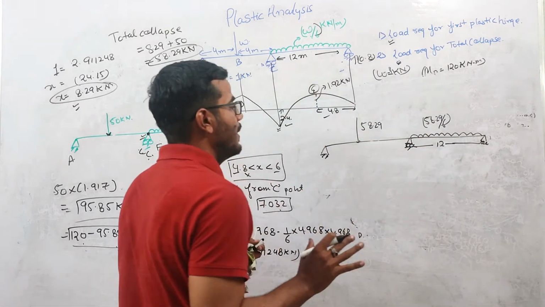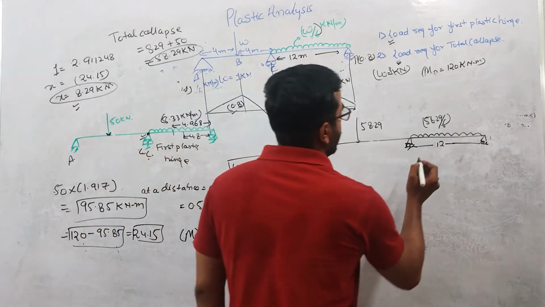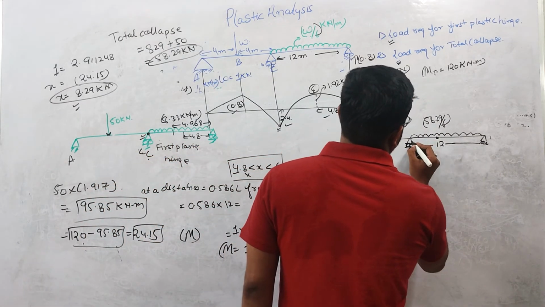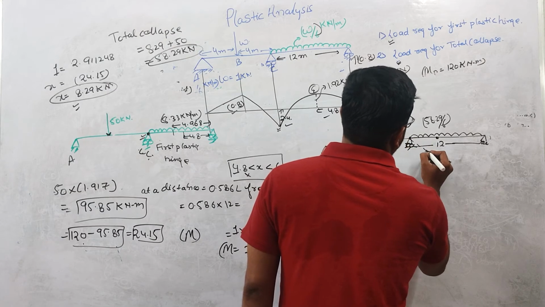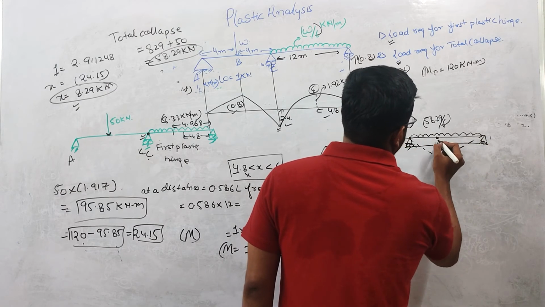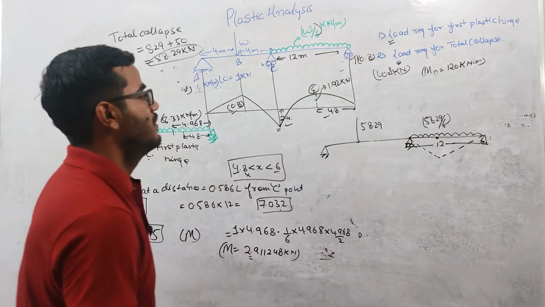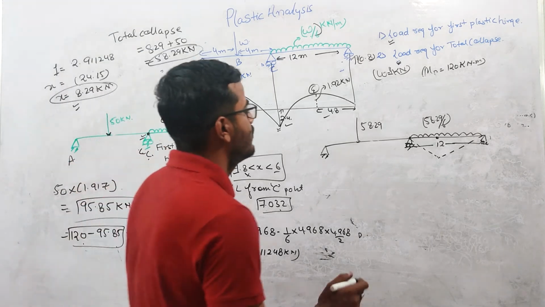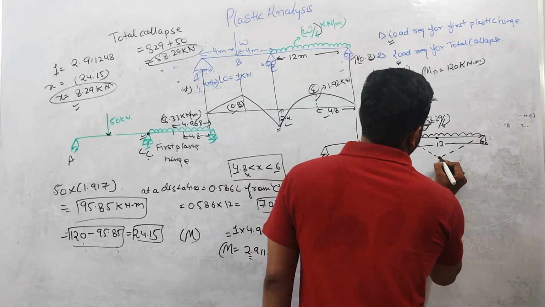So when you are applying this loading condition, the plastic hinge will form at this point and at this point. So there will be the collapse, right? So this is the collapse. This is during collapse.